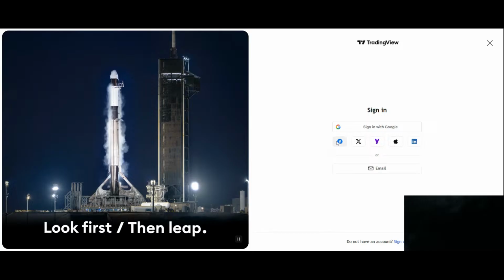You could also sign in with Facebook, X, Yahoo, Apple, LinkedIn, or email and password. Pick your poison. We are going to do Sempire Trades since that one has not been connected. Yep. Google already has it. Why not give it to one more person?